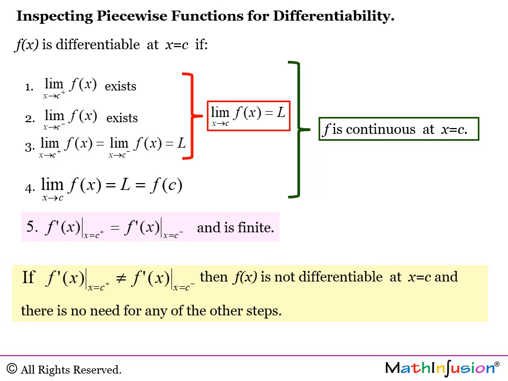If the derivative of the function from the right does not equal the derivative of the function from the left, then the function is not differentiable at x equals c, and there is no need to check any other step.